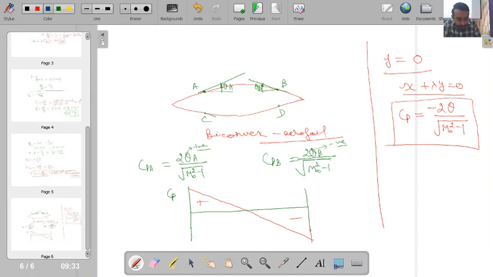If you take this angle, theta C will be negative and theta D will be positive. So ultimately this positive angle will make negative Cp at point D, and this negative angle will make positive Cp on this side.